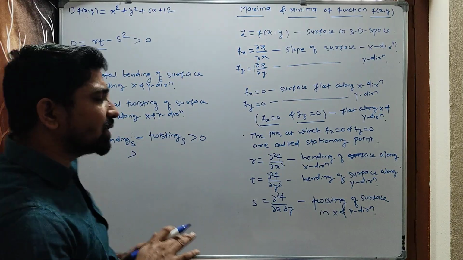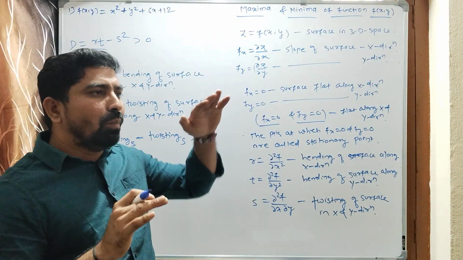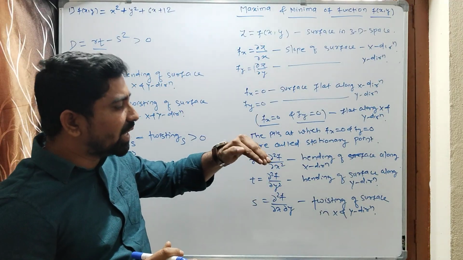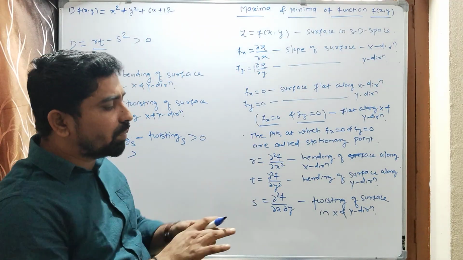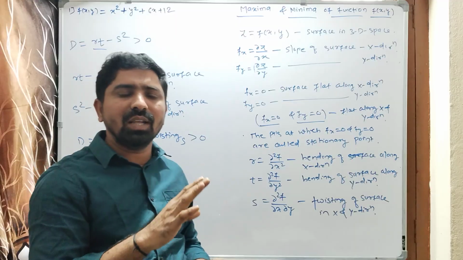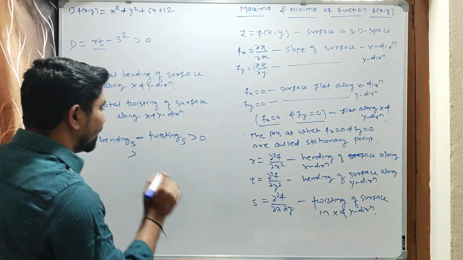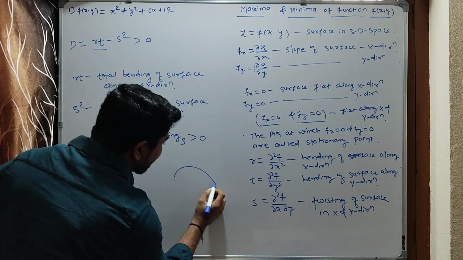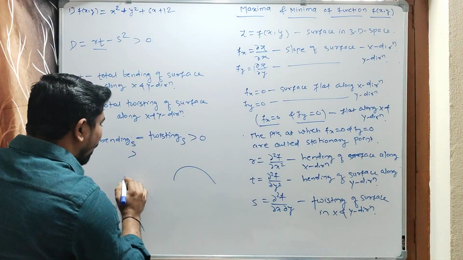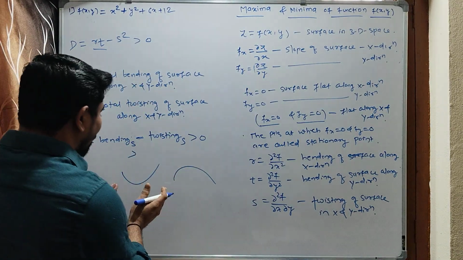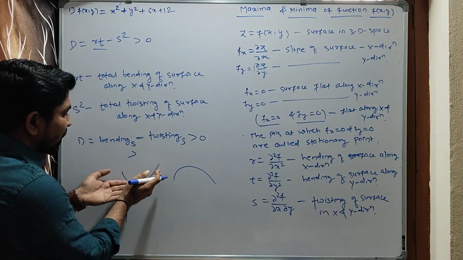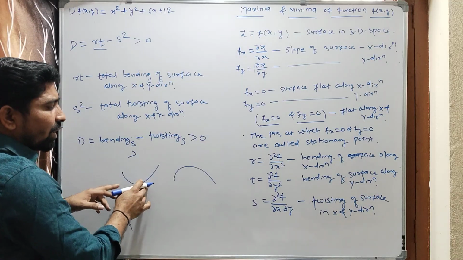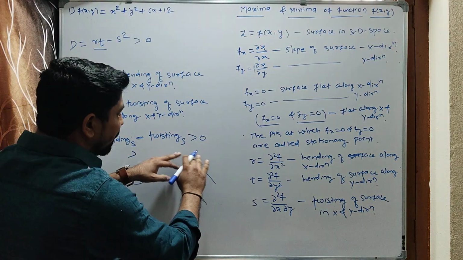This says that your surface is bending either in upward direction or in downward direction simultaneously, both from x and y direction. That is, if bending is greater than twisting, at that time either your surface bends downwards or your surface bends upward.